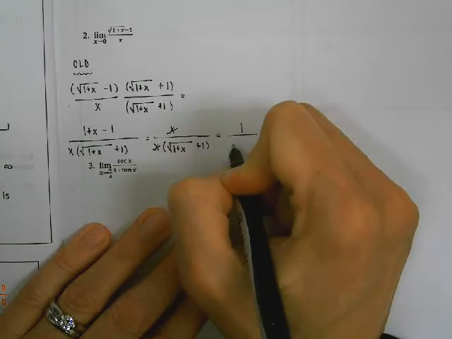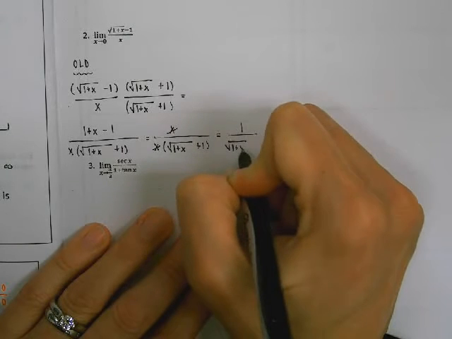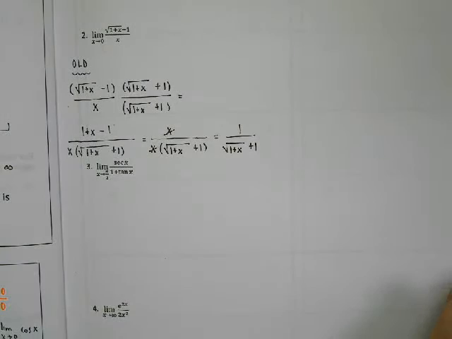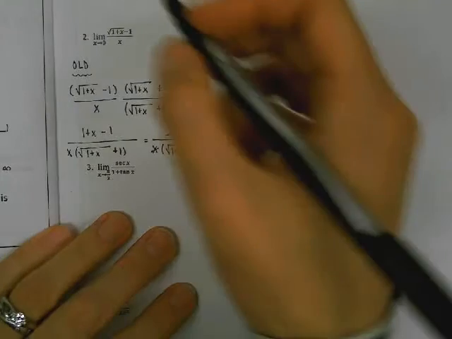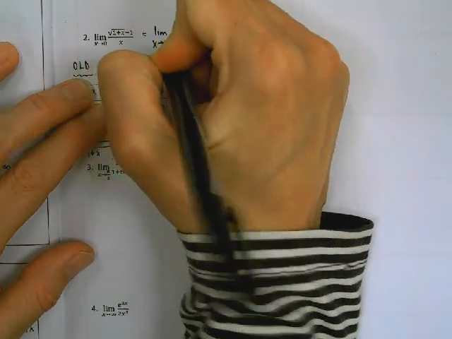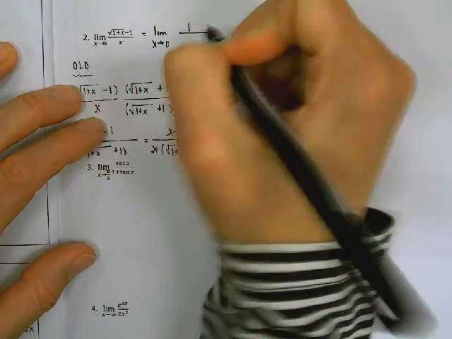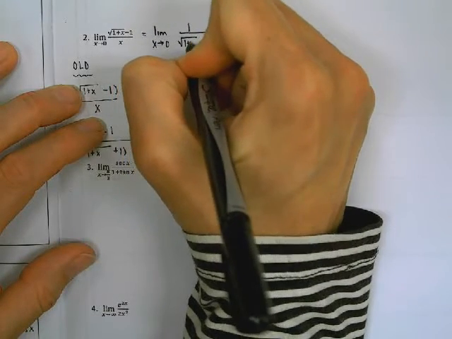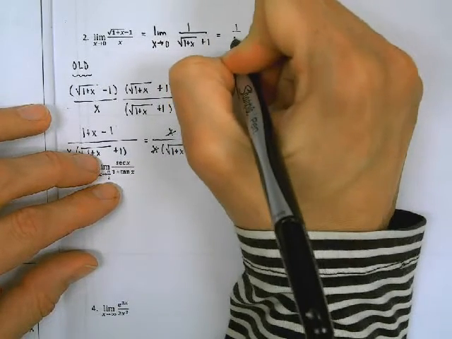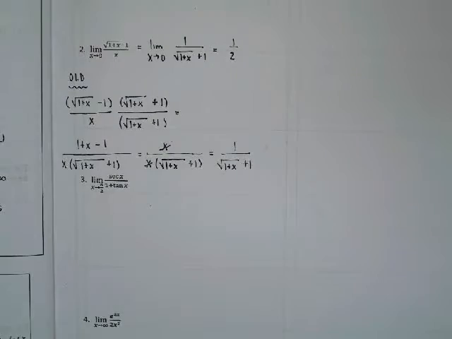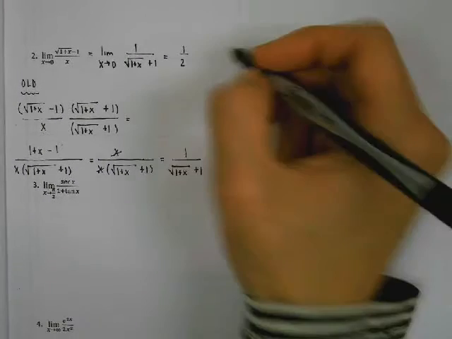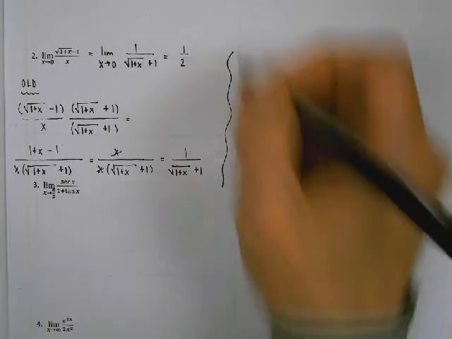So this came out to be 1 over the square root of 1 plus x plus 1. So now we realized if we plugged in 0, we didn't have a problem anymore. So we said that this limit was equal to the limit as x approaches 0 of 1 over the square root of 1 plus x plus 1. And if we plugged in 0, we got 1 over 2. So that works out just fine, and it'll still work, but let's take a look at how we can do this the new way.